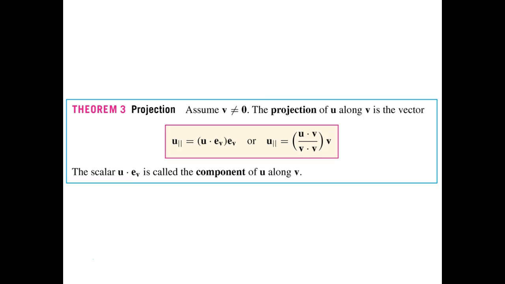Or U parallel, another way to express this, is U dot V divided by V dot V. Now what is V dot V? Yeah, it's the magnitude of V squared.